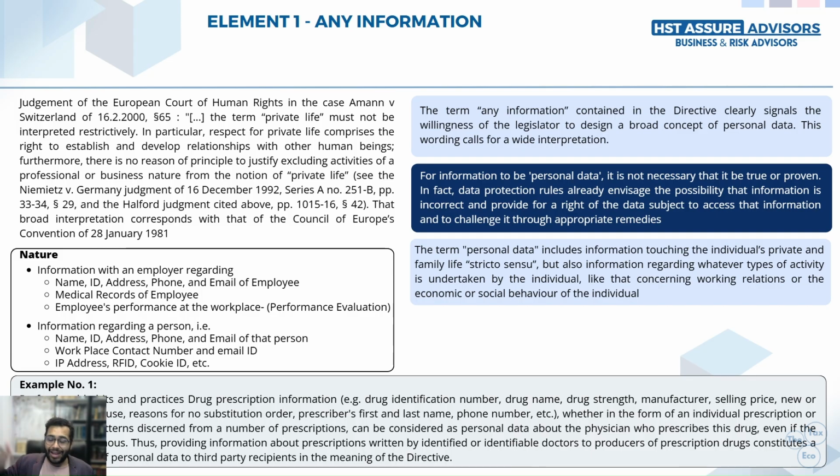When I say incorrect information, I mean information which was assumed to be correct by the data controller. We will see who the data controller and data processors are, but as of now just park it on the side and understand that personal data, or any information element, can be correct or incorrect also.